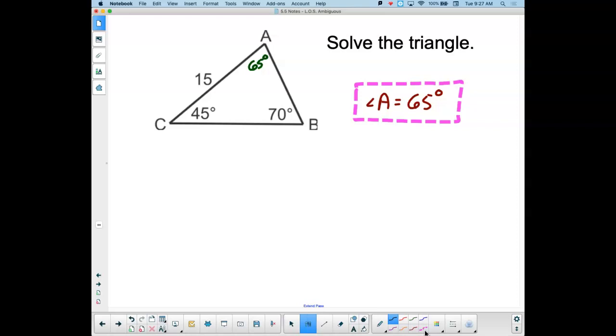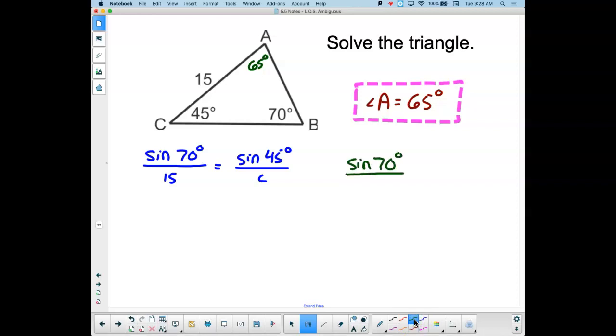Okay, so then we've got the sine of 70 degrees all over 15 equals the sine of 45 degrees all over side C. And we've got the sine of 70 degrees all over 15 equaling the sine of 65 degrees all over side A.